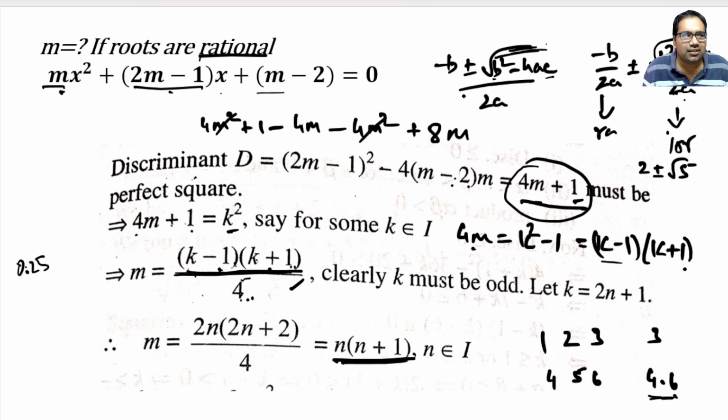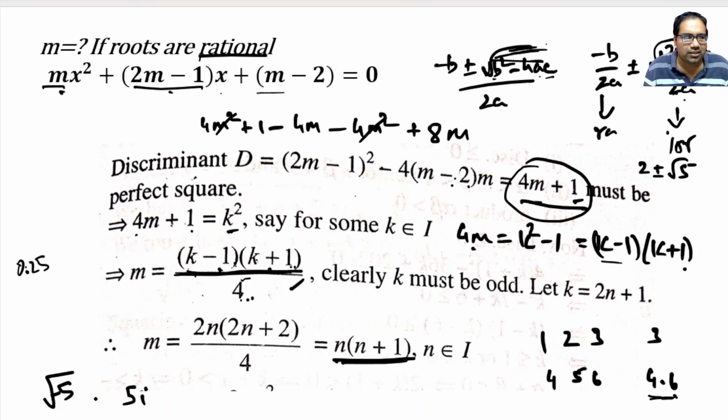For roots to be rational, this irrational part cannot come. This will be rational when b square minus 4ac is a perfect square. And if b square minus 4ac is less than 0, then we'll get complex roots, not even real roots. For example, if we get something like under root minus 5, that means it is 5i.